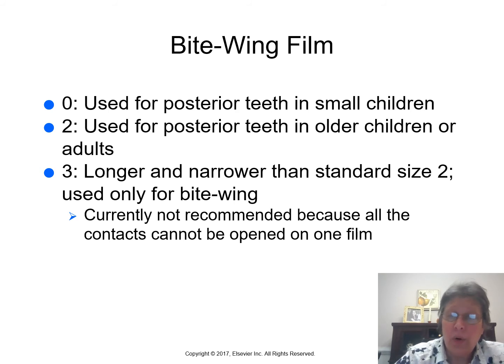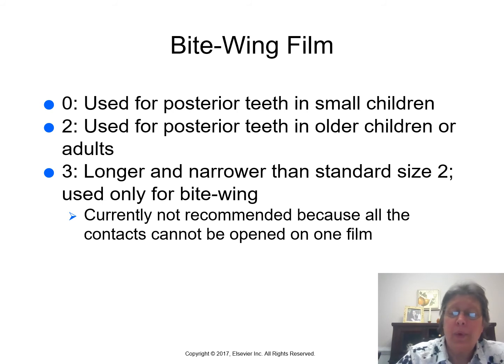It is longer and narrower than the standard size 2 film, and it specifically was made just to take bite wings. We don't use that film very much anymore because when we usually take bite wings, we take 2 bite wings on each side. We put molars on one exposure and premolars on the next exposure, and we do the same thing on the other side of the mouth. So we use 2 number 2 size film.